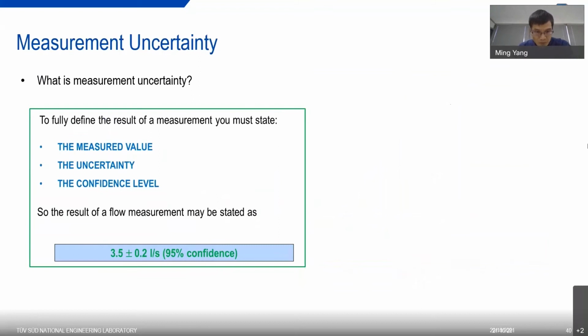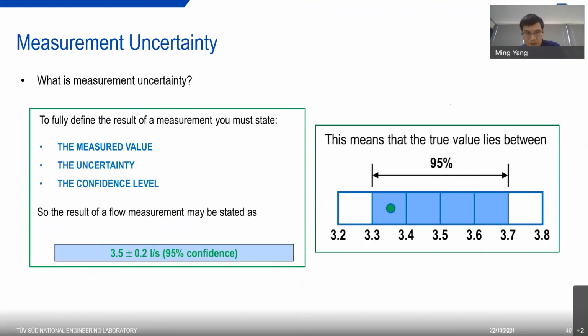Here is an example, talking about flow measurement: a measured flow of 3.5 liters per second has an uncertainty of 0.2 liters per second at 95% confidence. What it really means is that for the measured value of 3.5, the true value can be anything between 3.3 and 3.7.